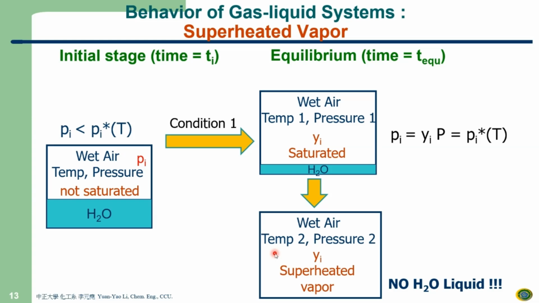I don't know if it's possible to reach 600 Celsius, or whether any reaction will take place. But anyway, this is condition 2. Condition 2 can follow from condition 1, or you can move directly to condition 2 without condition 1. I just want you to understand there's a situation that creates superheated vapor.